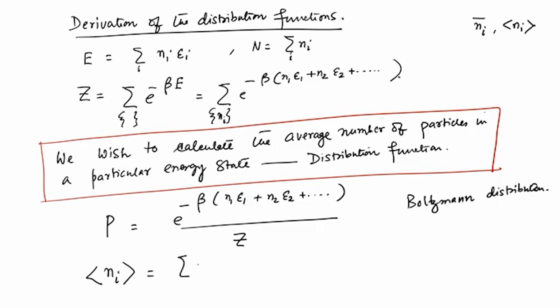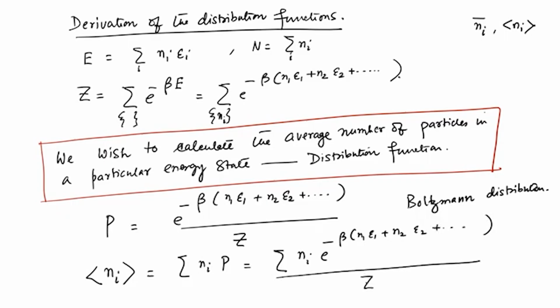Okay. So, this is equal to the sum of Ni multiplied by P, and this is nothing but Ni and the exponential of minus beta times n1 epsilon 1 plus n2 epsilon 2 etc., divided by Z. Okay. So, that is the average number of particles, and that is what we want to calculate. This is easy to calculate because we have already calculated something like this.